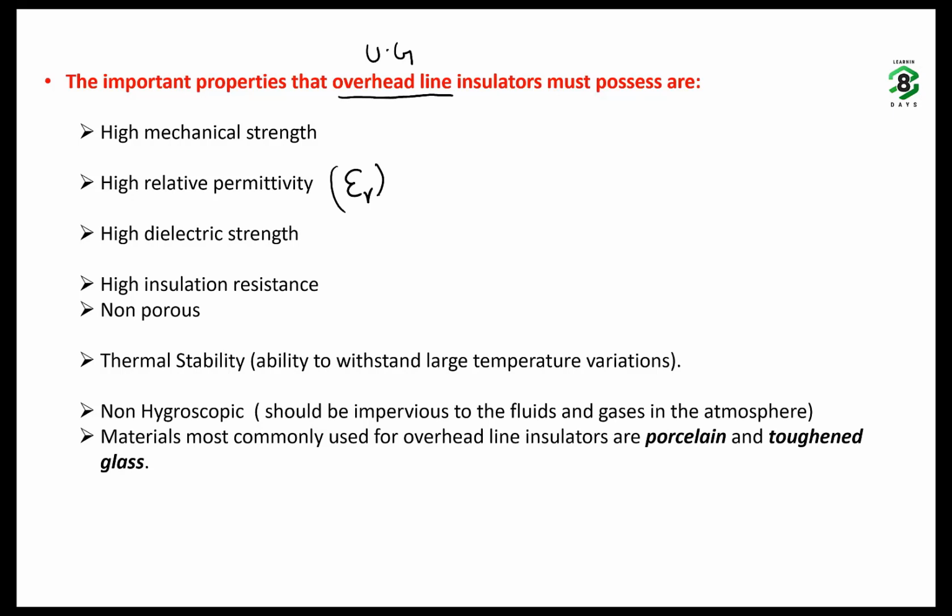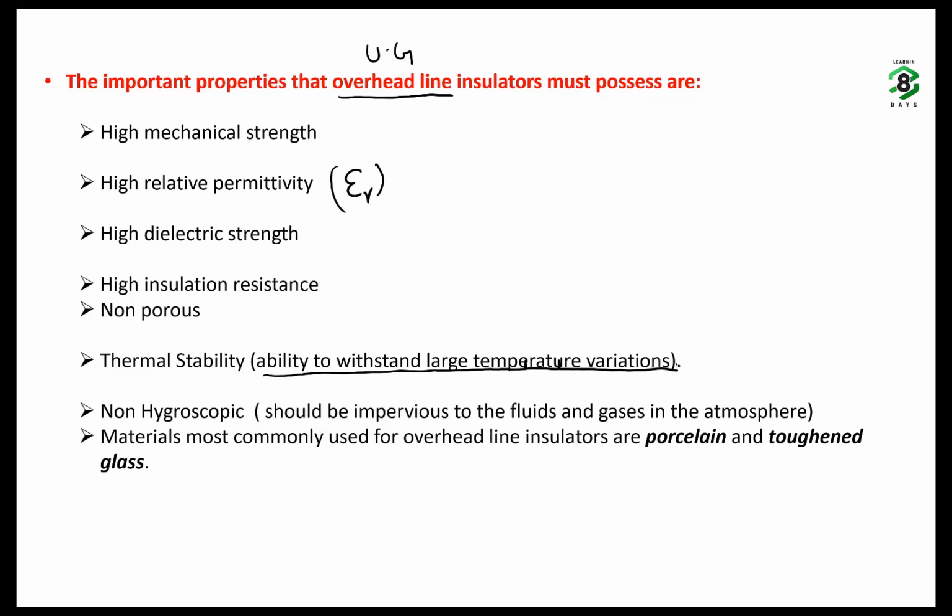They should be non-porous. That means there should not be any voids, so that fluids, gases or dust particles do not enter the insulator. Thermal stability, that means as temperature increases, the resistance or any other properties of the insulator should not deviate. That means they should have the ability to withstand large temperature fluctuations.